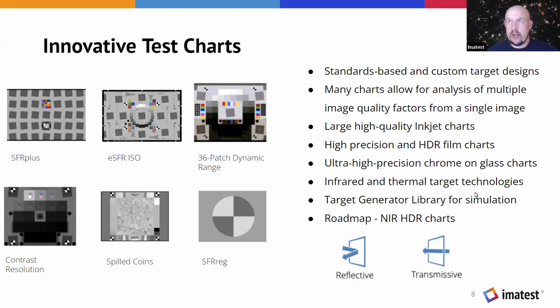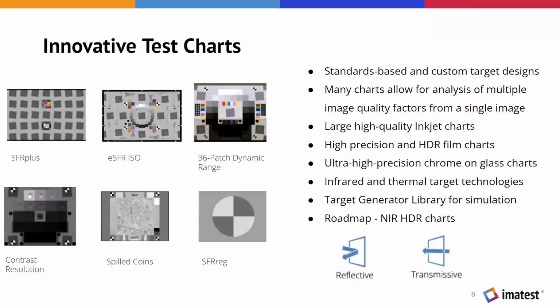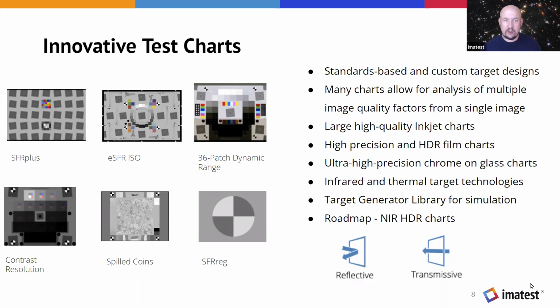And we also have a variety of targets for infrared and thermal cameras. 那我们最高精度的呢，是玻璃镀铬的形式，通常是用于像内视镜这样的医疗系统，或是非常短距的。那我们还有近红外线，还有感热的这种不同的关于客户所需要的测试图卡。 We have released a target generation library, which can create virtual targets that you can use for simulations of image quality.